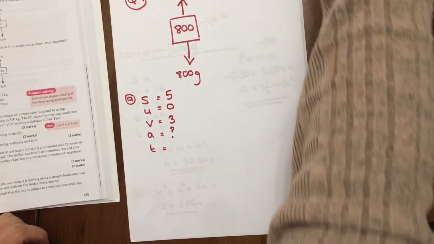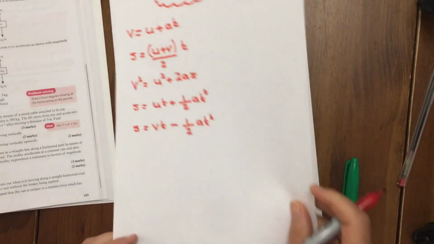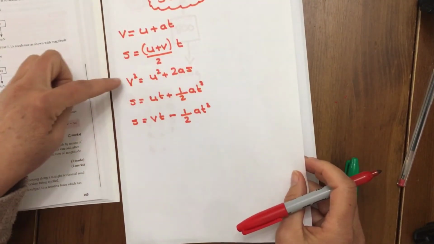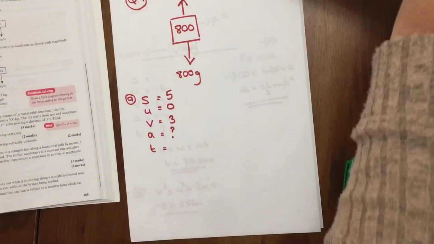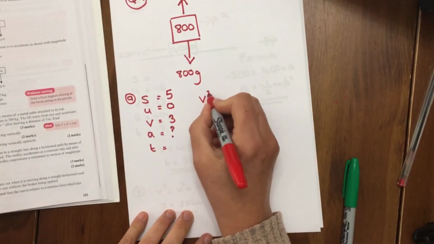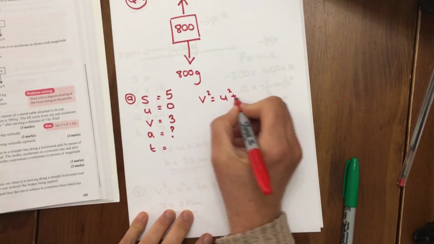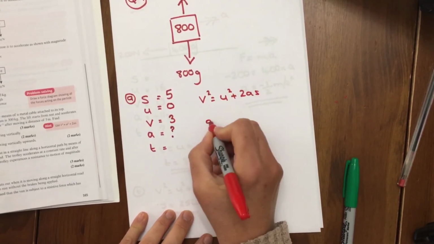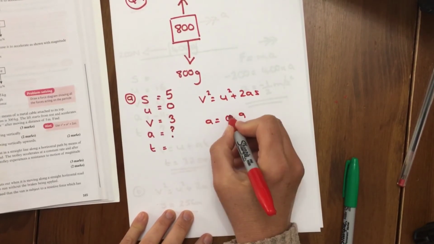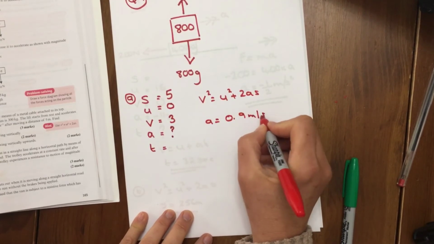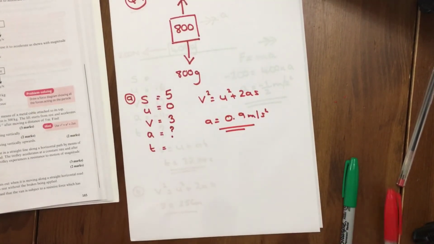So which of my SUVAT equations shall I use? I want the one without time in, so I'm going to use this one here. So I'm going to put everything into here and I will find A to be 0.9 meters per second squared.